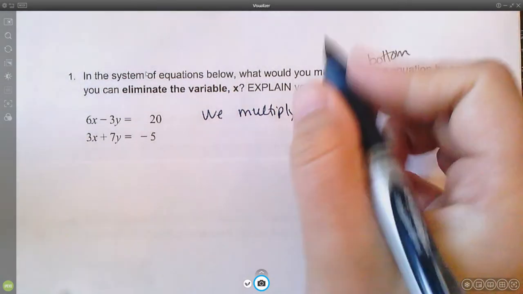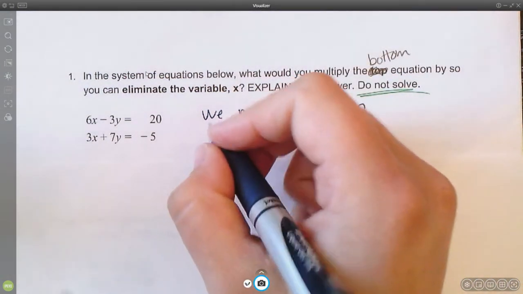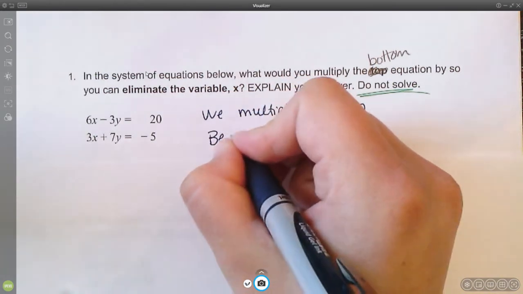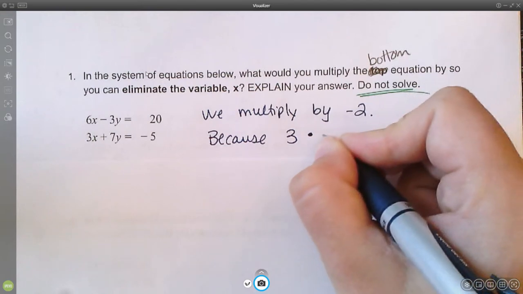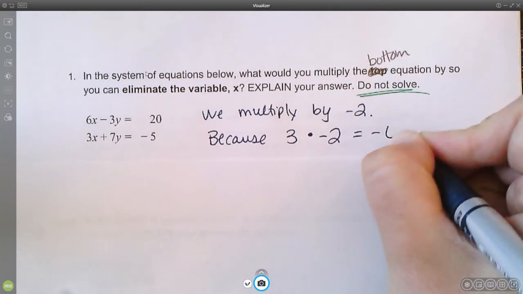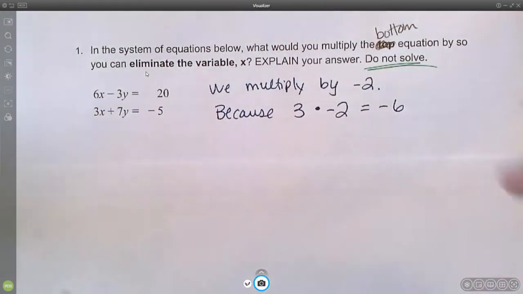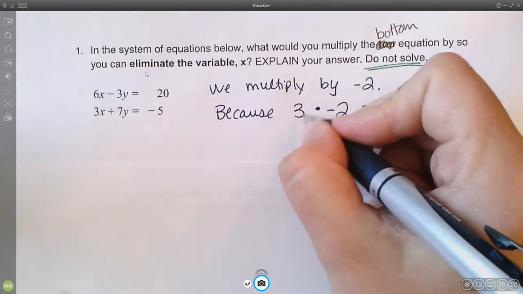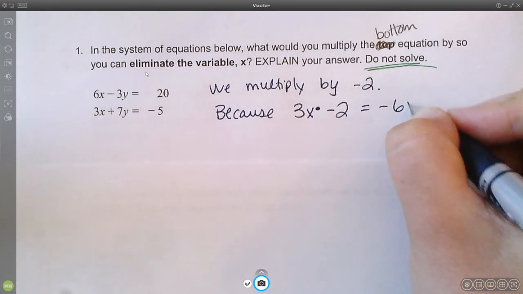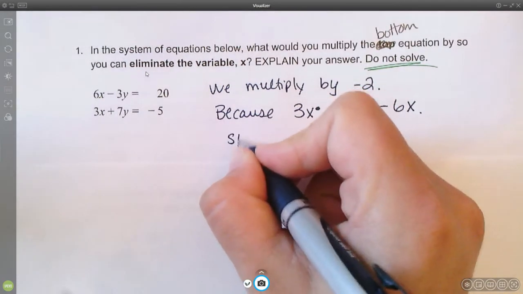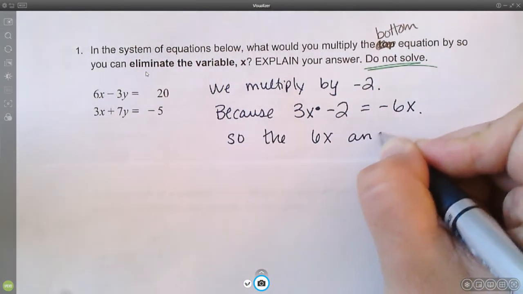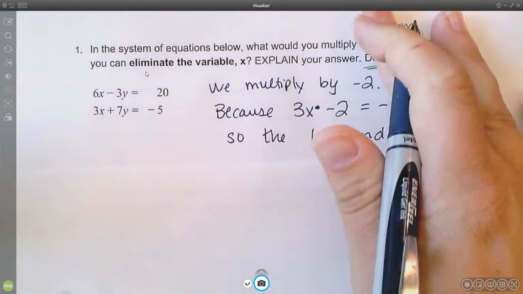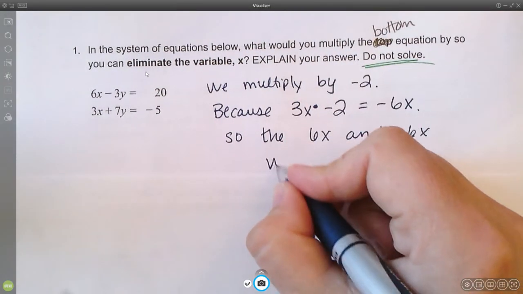So multiply by -2 because 3 times -2 equals -6, or I should say 3x times -2 gives us -6x. So the 6x and -6x will cancel out.